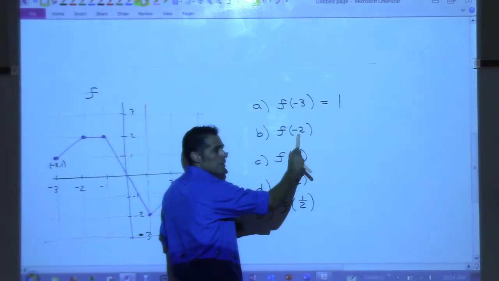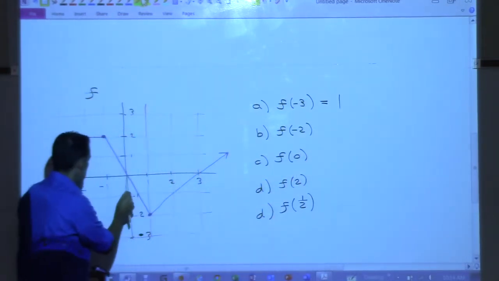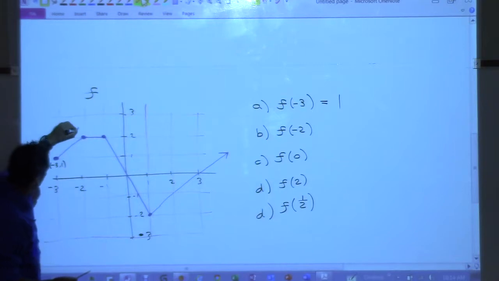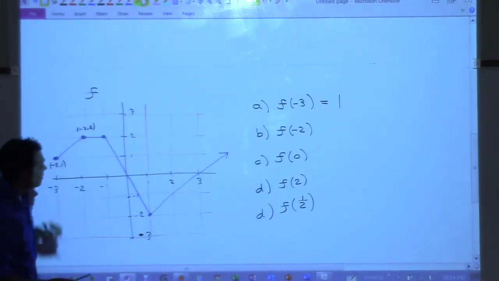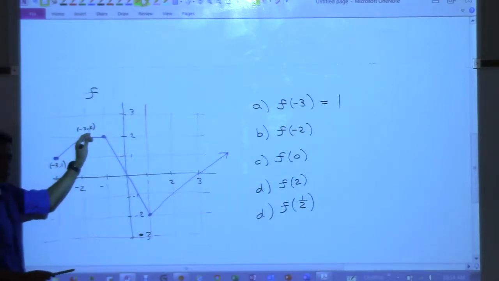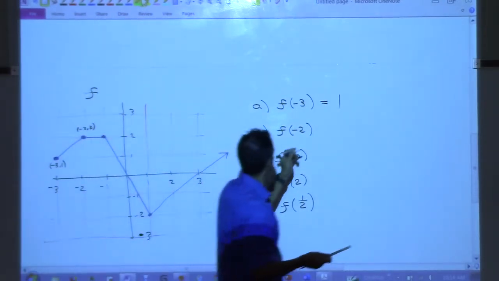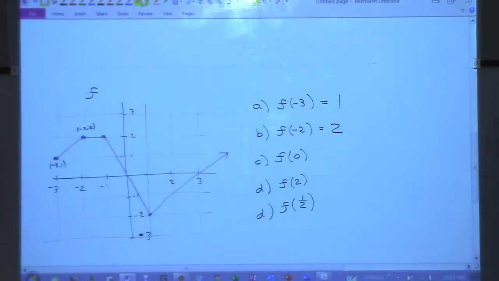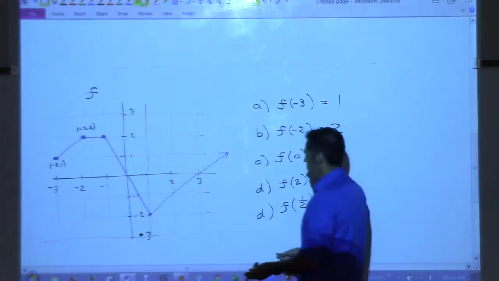That's the input, okay? So the input is the x coordinate. So you move to -2 on the x-axis, and then you look up and down for your point. That's 2. So this is the point (-2, 2), yes? The input's -2, the output is 2. So the answer is 2. You got it? Clear? Okay, so Alex is good.